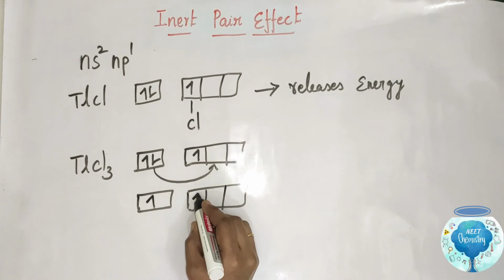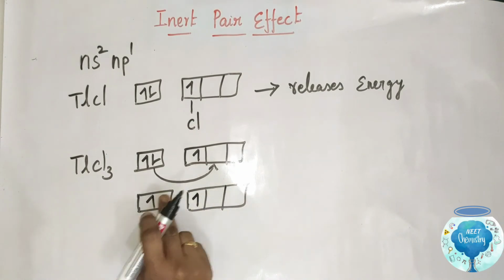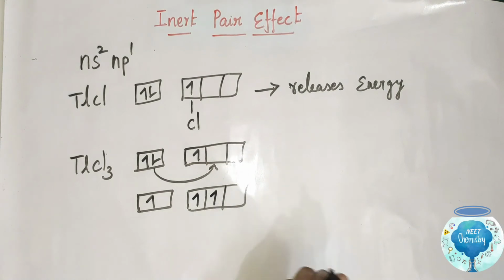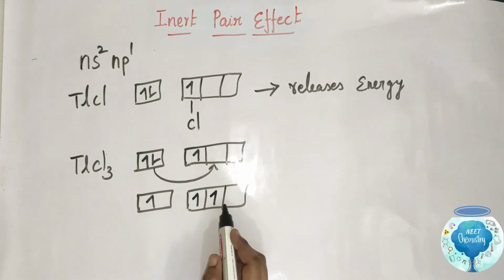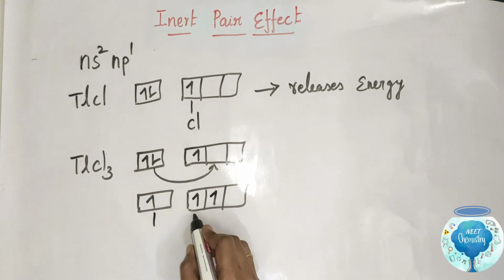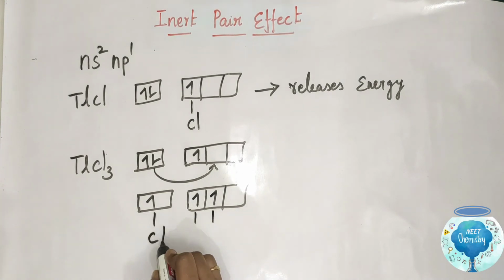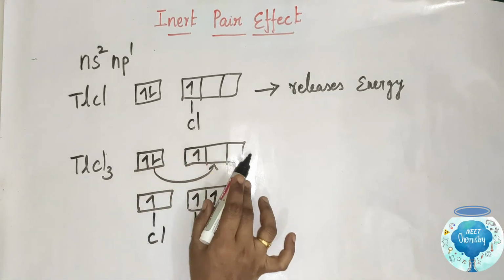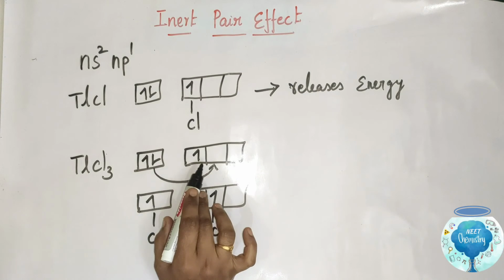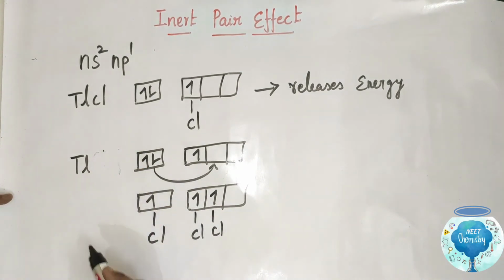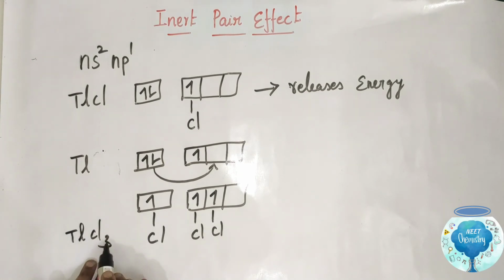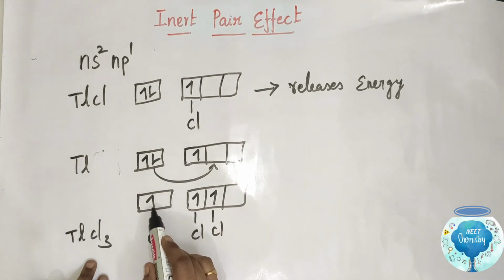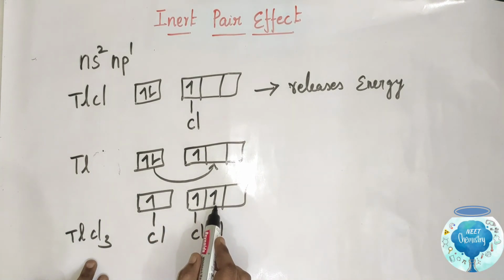Now we have 3 unpaired electrons, which bond with 3 chlorine atoms.